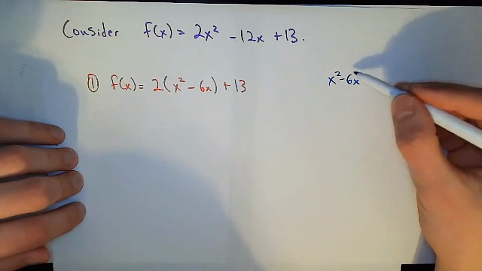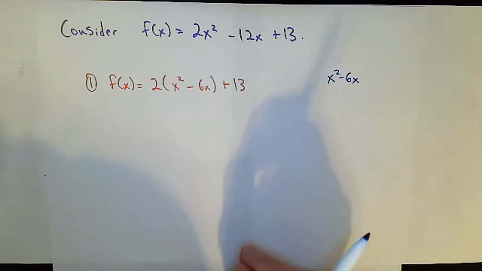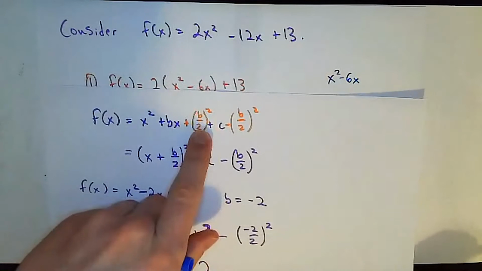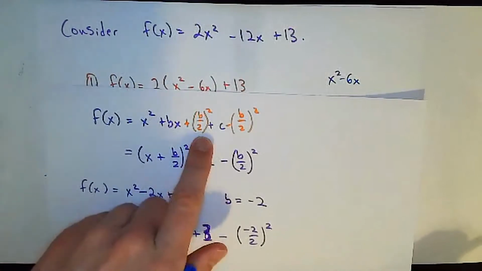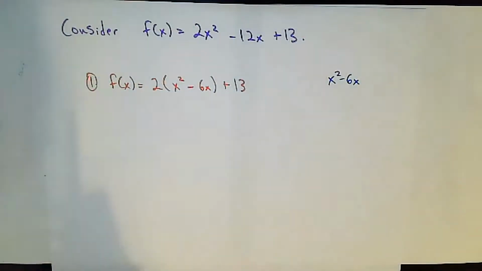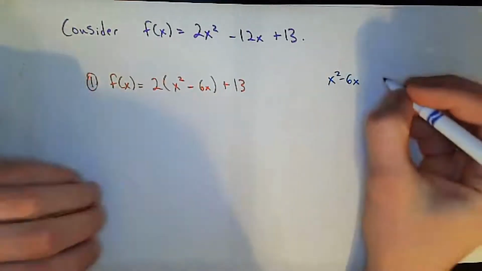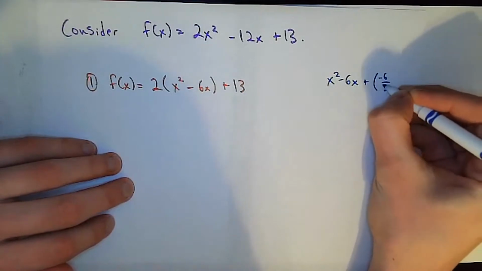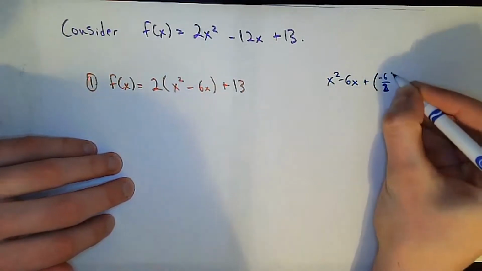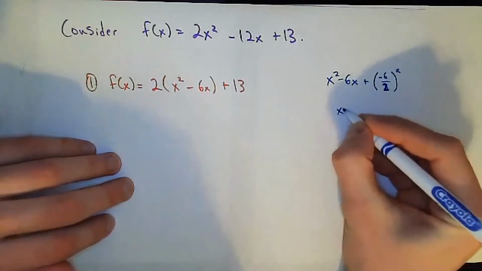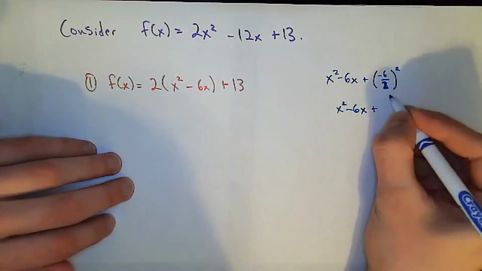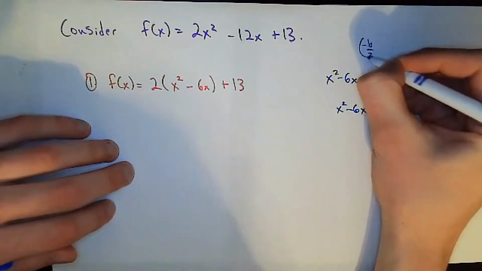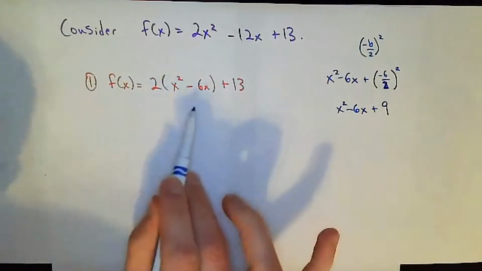I take half of my central term, b over 2, and I square it. So half of −6, then square it. So x squared minus 6x plus (−6 over 2) squared, which is (−3) squared, is 9. This is coming from (b over 2) squared, just for this little inside part.